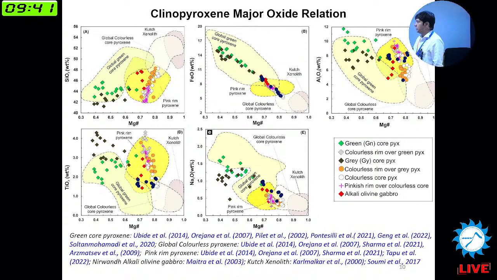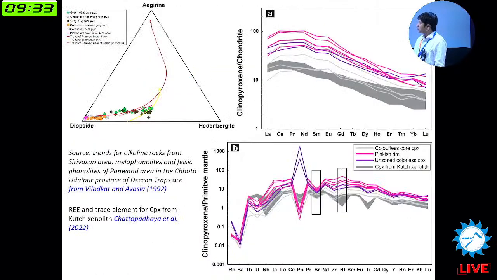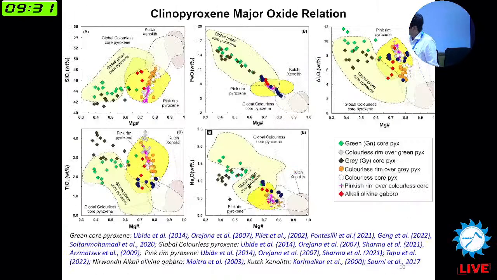We could see that the zoned clinopyroxenes of the P1 type are enriched in Mg, and normally show a fractionation trend where the core is Mg rich and the rim is enriched in iron, as well as aluminum, and titanium gradually increases.